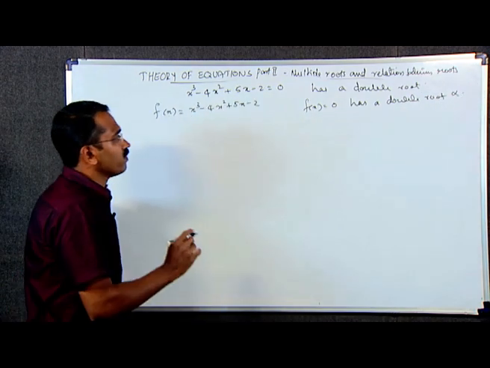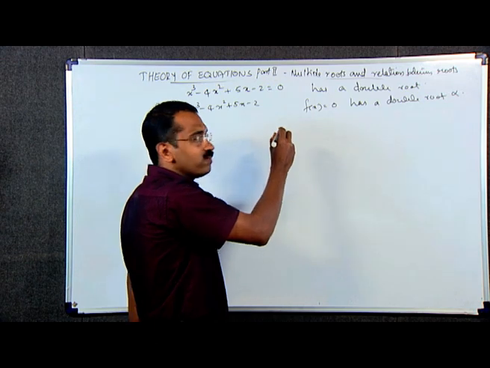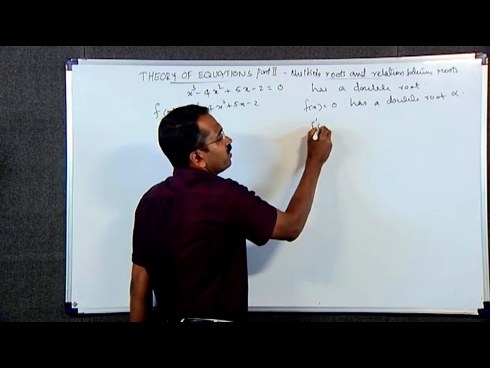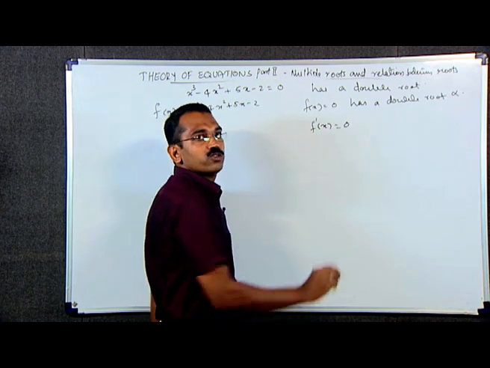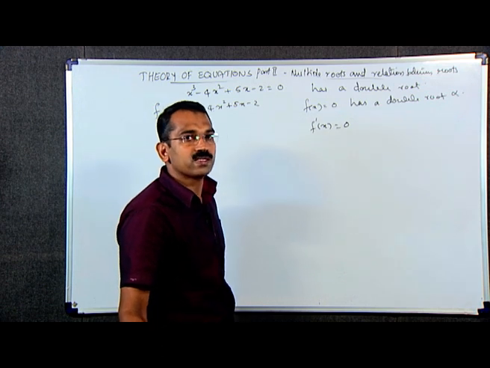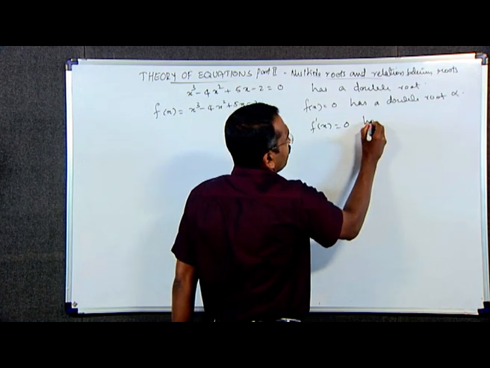Then, from the above theorem, we can say that f dash of x equal to 0 has a root alpha.